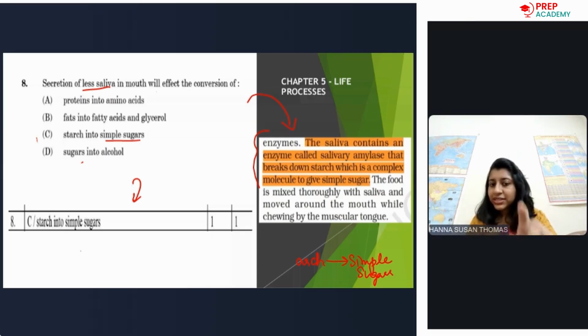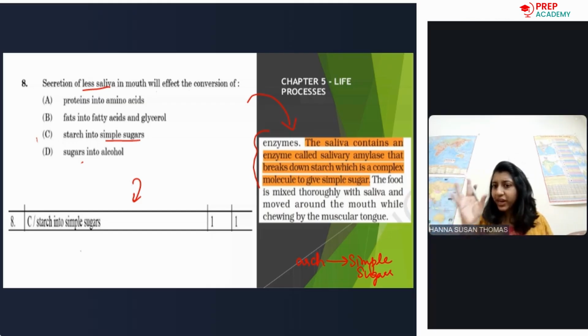There is one highlighted sentence in this screenshot where it is said that saliva contains an enzyme called salivary amylase that breaks down starch, which is a complex molecule, to give simple sugar.